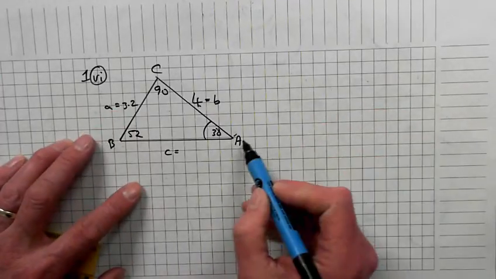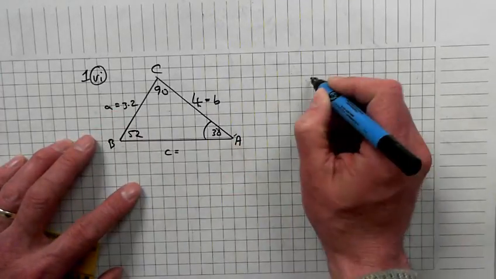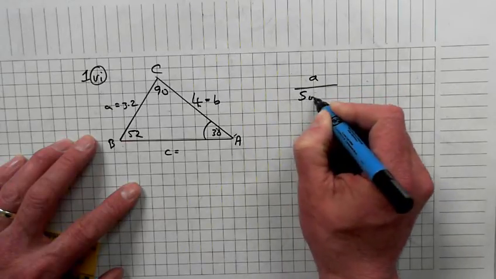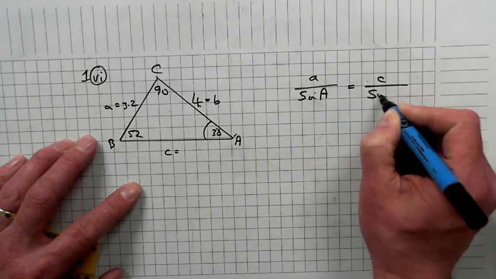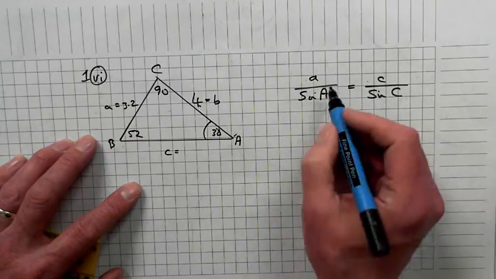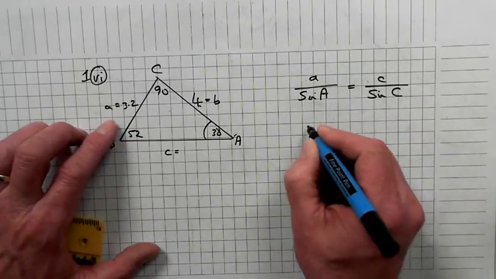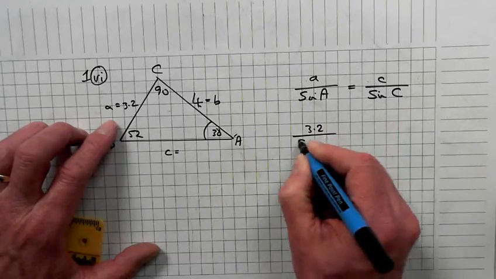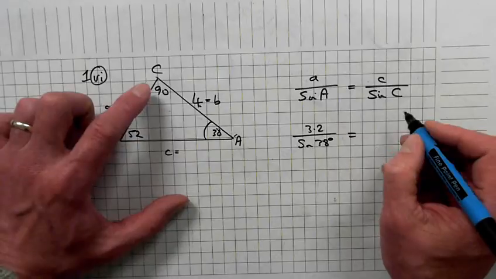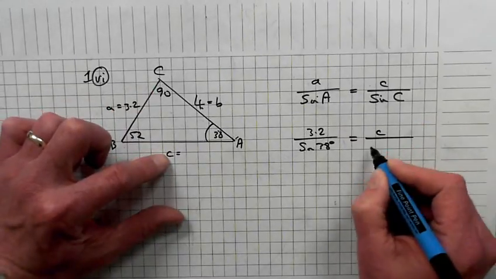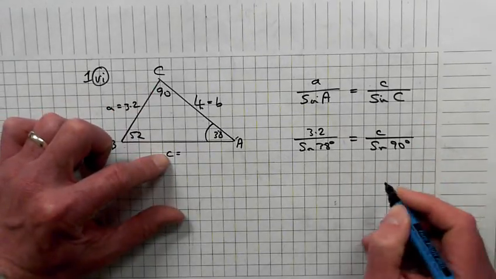Right. So we're going to use A and C. a over sine A is equal to c over sine C. So again, a is 3.2 over sine 38 degrees, and we're looking for c, over sine 90.